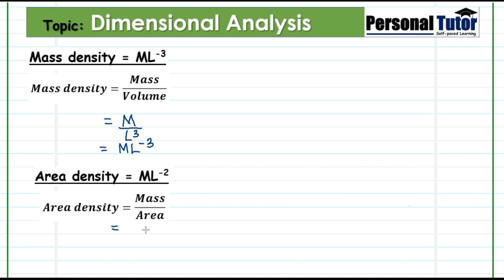Converting them to their dimensional units, that of the mass is M over area, L squared, just as we looked at it previously. If this is now written in the linear form, it will be ML exponent minus 2. That is that for area density.